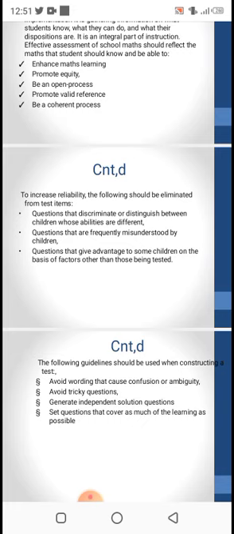In order to increase reliability, you have to eliminate these. Also, the questions that are frequently misunderstood by children can be eliminated in order to increase reliability, and questions that give advantage to some children on the basis of factors other than those being tested.